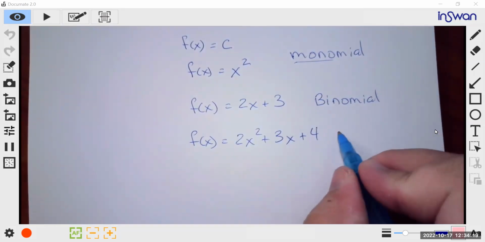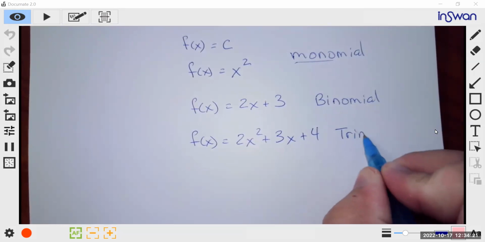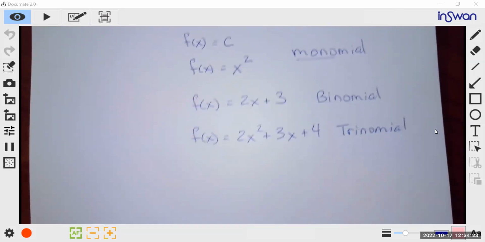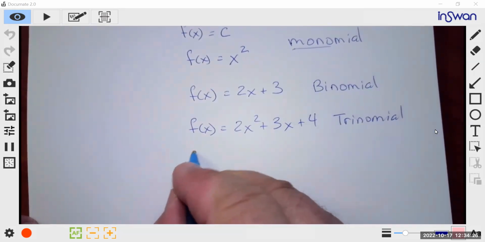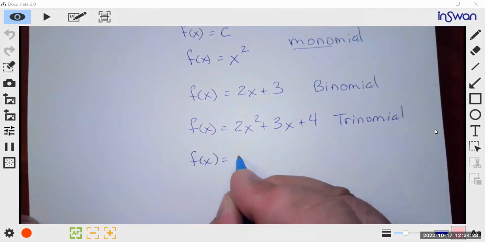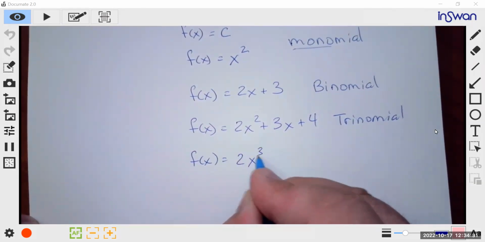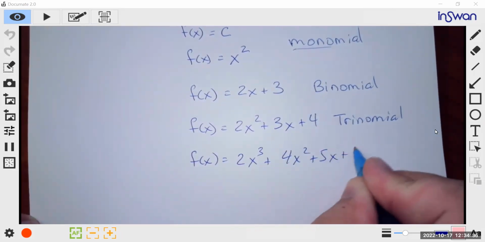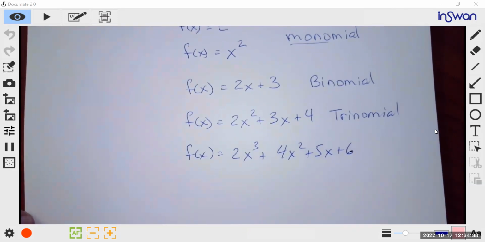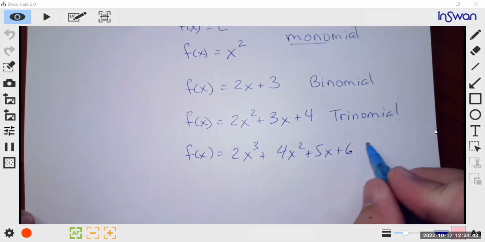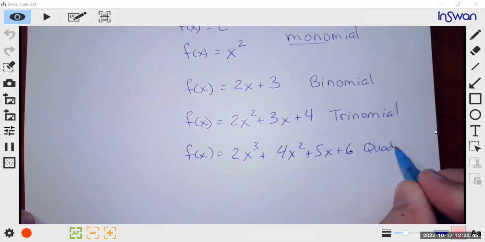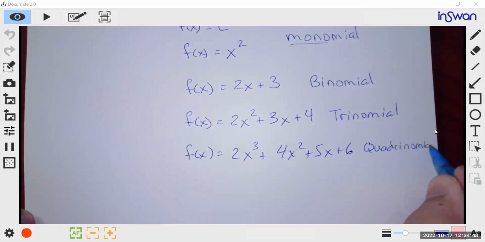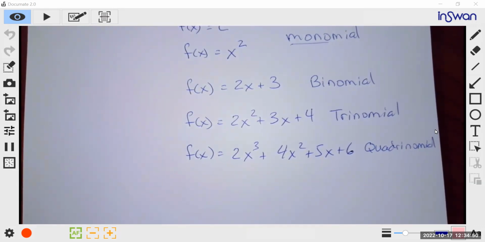If it has 3, if it has 4, quadrinomial. Quad means 4.